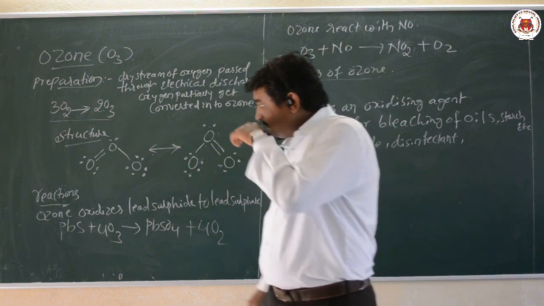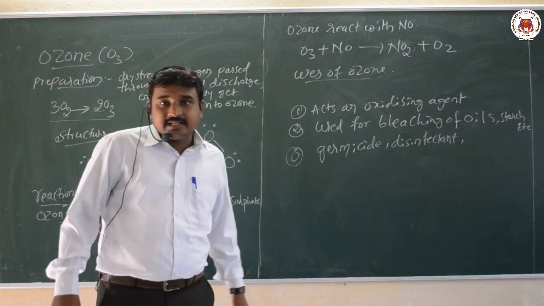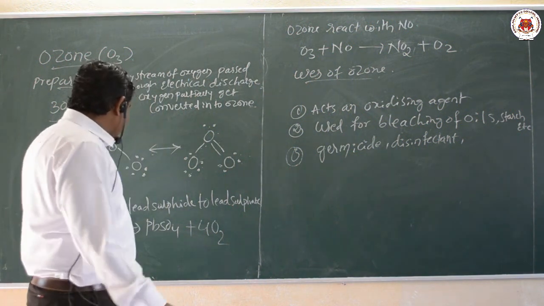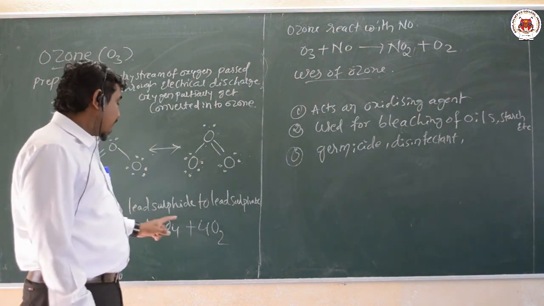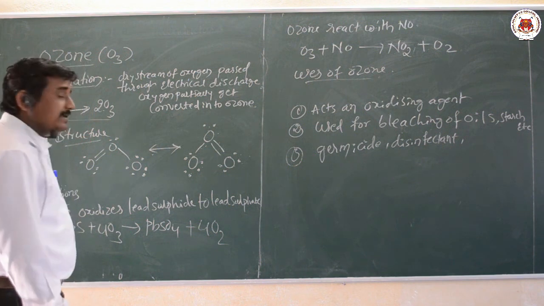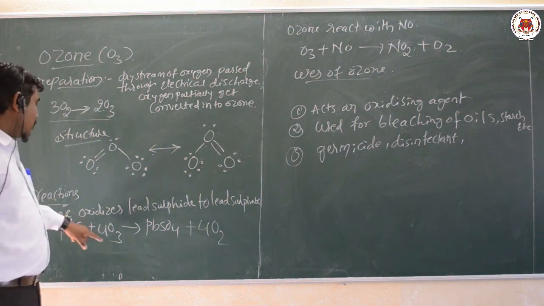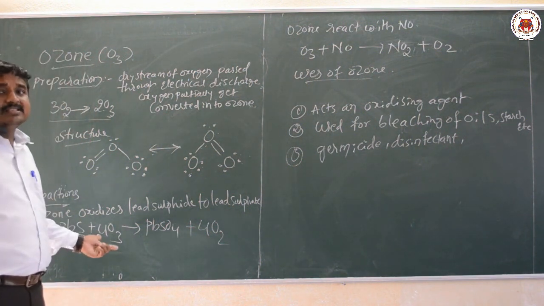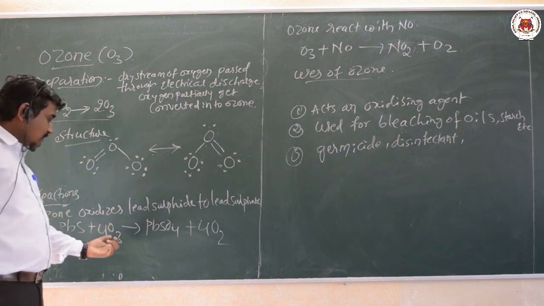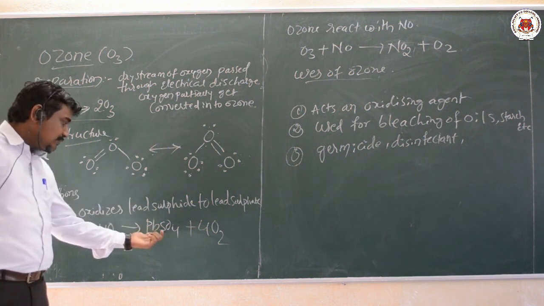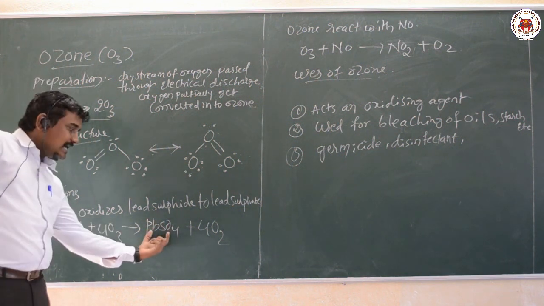Now the next concept is reactions. When ozone reacts with lead sulfide, it gives lead sulfate. Oxidation takes place: ozone oxidizes lead sulfide to lead sulfate. That is, PbS reacts with ozone, O3, and PbSO4 is formed.